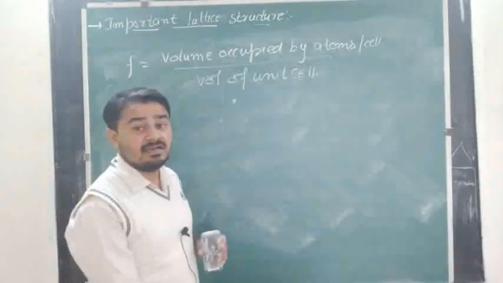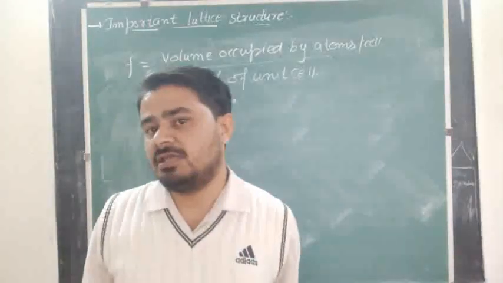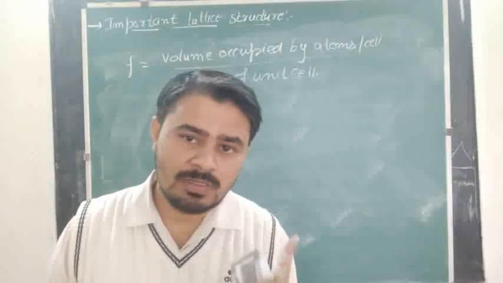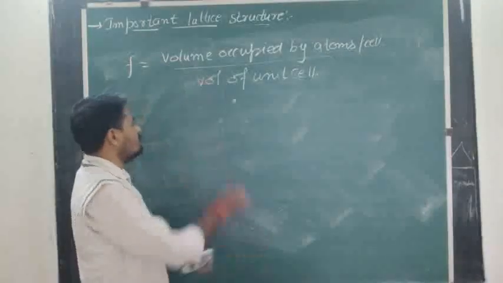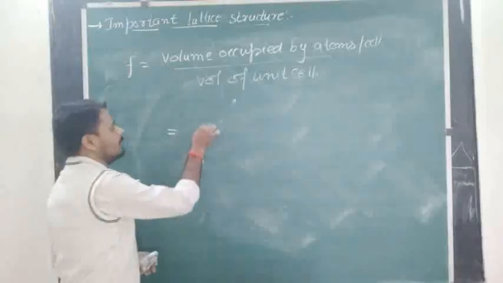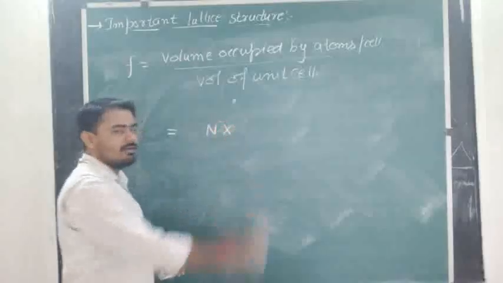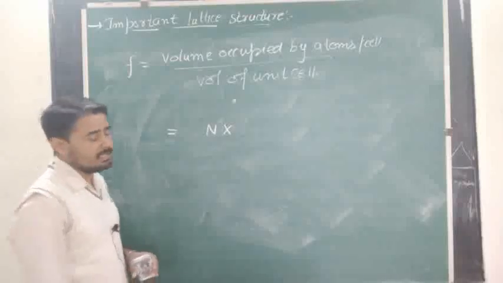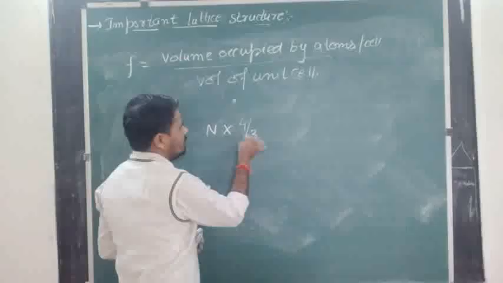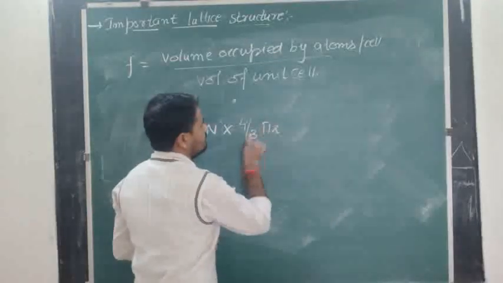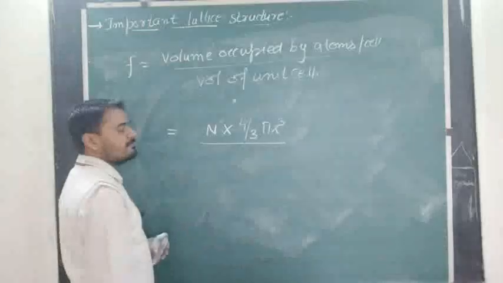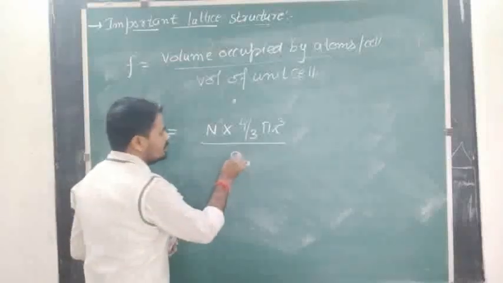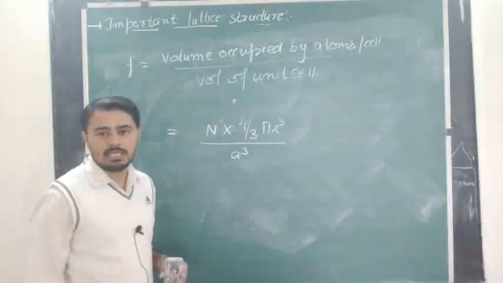If I assume all the atoms are spherical in shape, then the total volume of atoms is the number of atoms in a unit cell multiplied by the volume of a sphere, 4 by 3 pi r cube, divided by the volume of the unit cell, which is generally a cube.